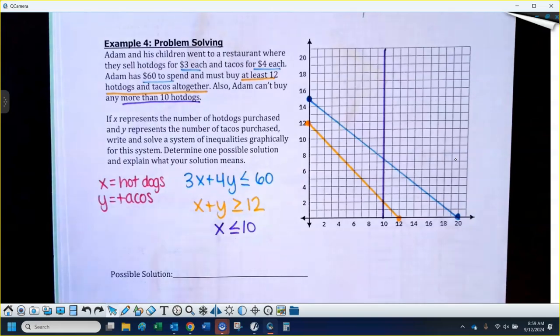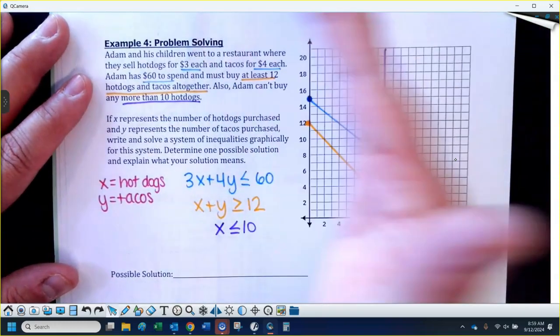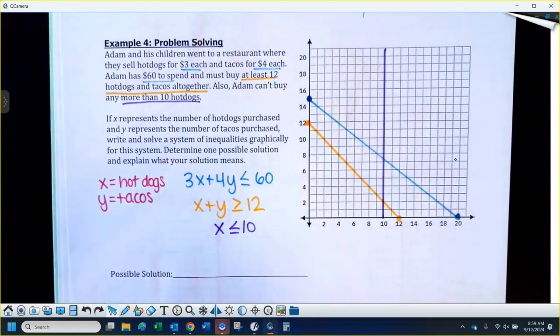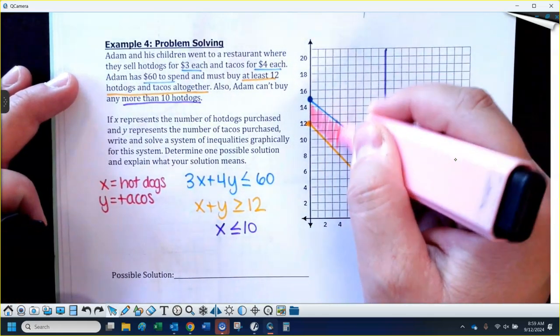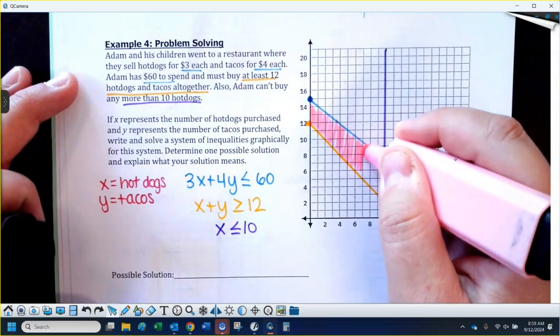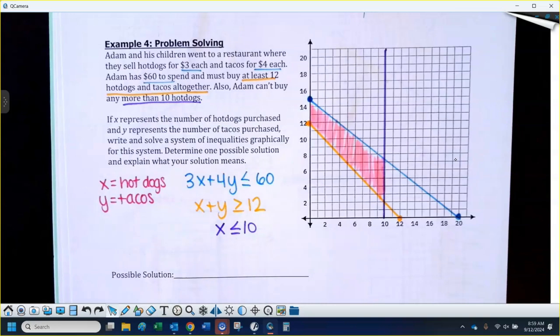Okay, now I'm between the two lines, right, to start out, and then I'm going to be to the left of this vertical line that we just drew. So the overlap would be in here. All those would represent possible combinations we could get of hot dogs and tacos that would fulfill all the requirements that we just set out in front of us.